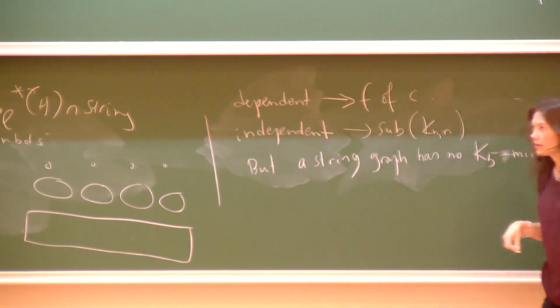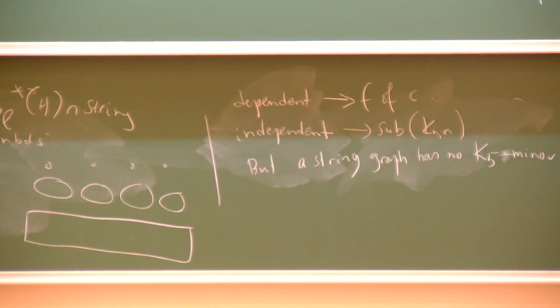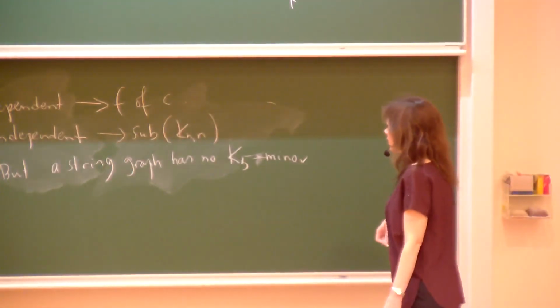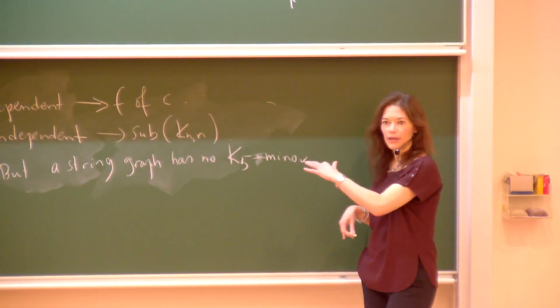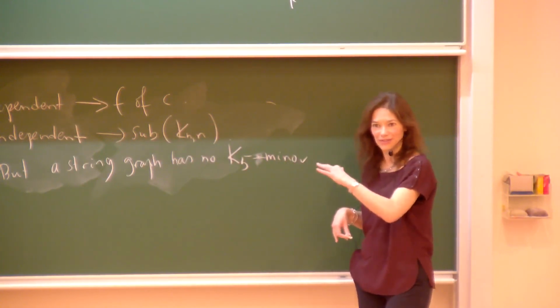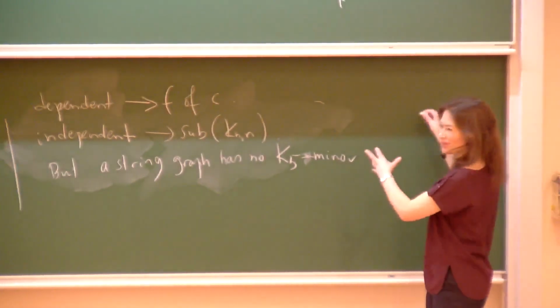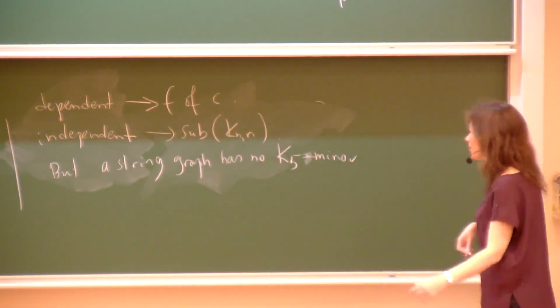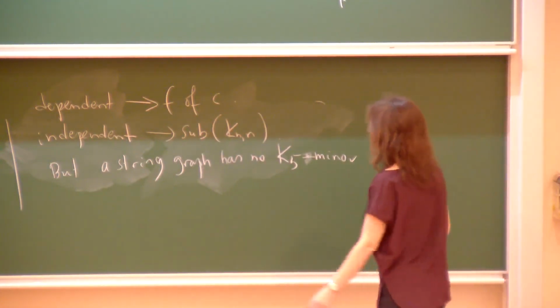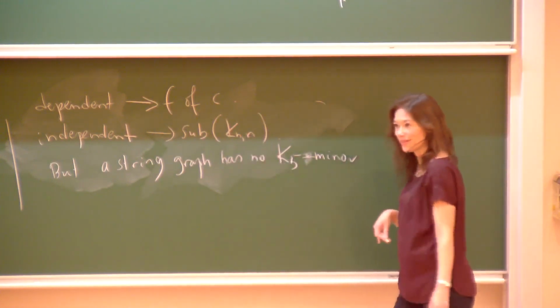I'm not sure of the proof, but it has to do with the fact that planar graphs don't have K5 minors. Basically, you draw the strings on the plane, and you notice if you contract something, you'll get a planar graph embedded in the plane. So, on one hand I got this, on the other hand I got that.